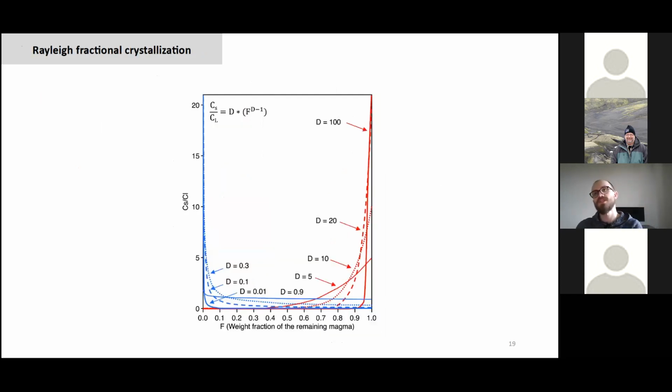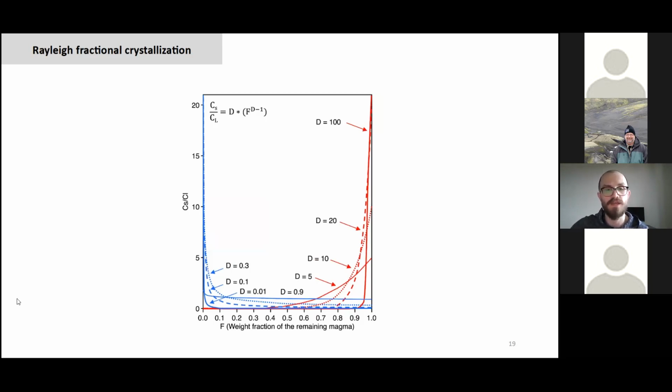Now that we have demonstrated that this oxidation process, although it has an effect on the chemistry of oxides, has an effect that is not particularly strong, we can now use iron titanium oxide chemistry as a way to understand the genetic evolution of the Eastern Gabbro. So before we do that, though, we have to understand how trace elements behave during magmatic fractionation.